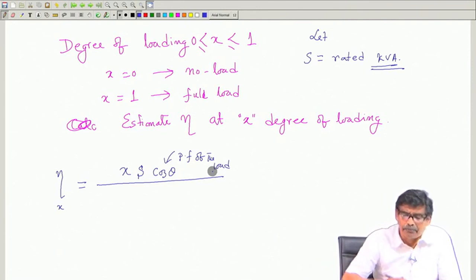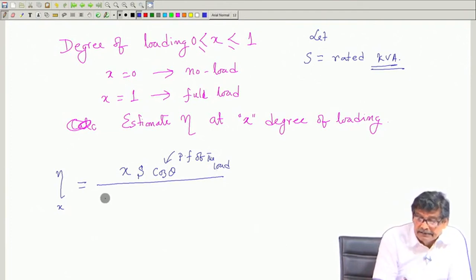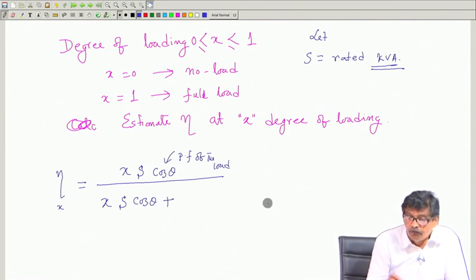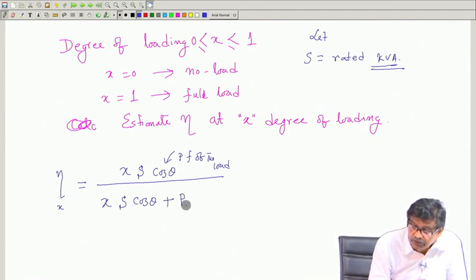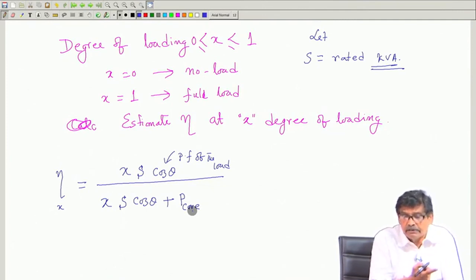Suppose the transformer is supplying x times kVA to a load having a power factor of cos theta on the secondary side. So, this is the output, divided by x into S into cos theta output plus the losses, of which two losses are there. P core remains constant, it does not depend upon the degree of loading; no matter whether it is 50% loaded or 100% loaded, P core remains the same.